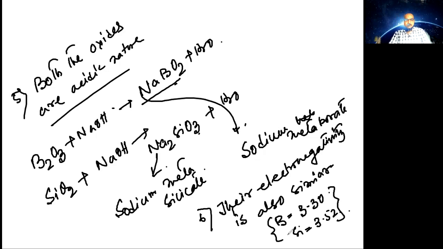Now, this is the diagonal relationship, and the proof of diagonal relationship is there. Now we are going through the chapter in details. We are now going to boron. Actually, the preparation, properties, and some reactions we will see. Now we will start the class with each element and their properties.